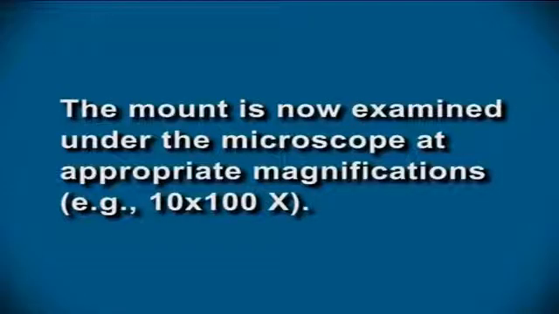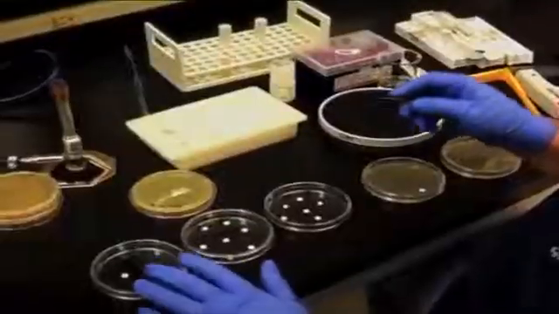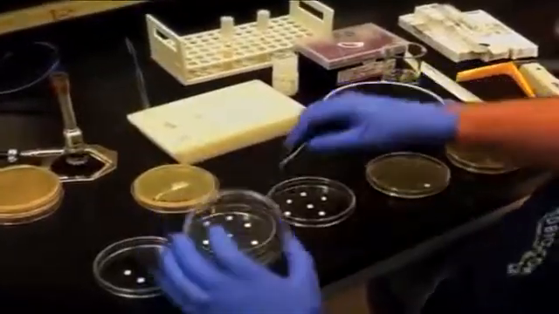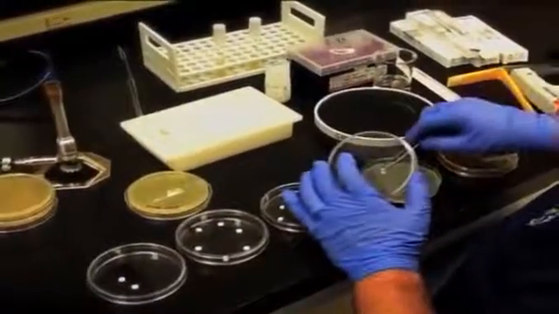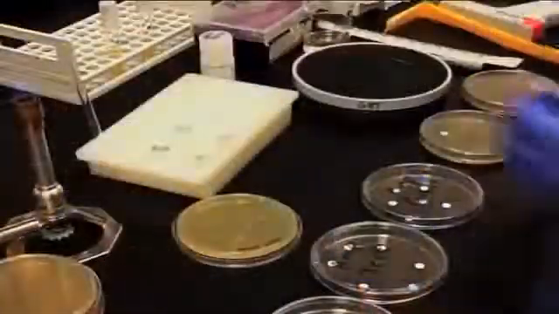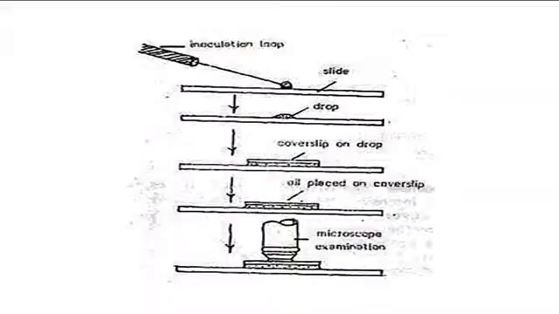The mount is now examined under the microscope at appropriate magnifications, for example, 10x to 100x. This method is commonly used to view microscopic organisms that grow on liquid media, especially when studying their movement and behavior. Figure 2 shows the procedure for wet mount method.